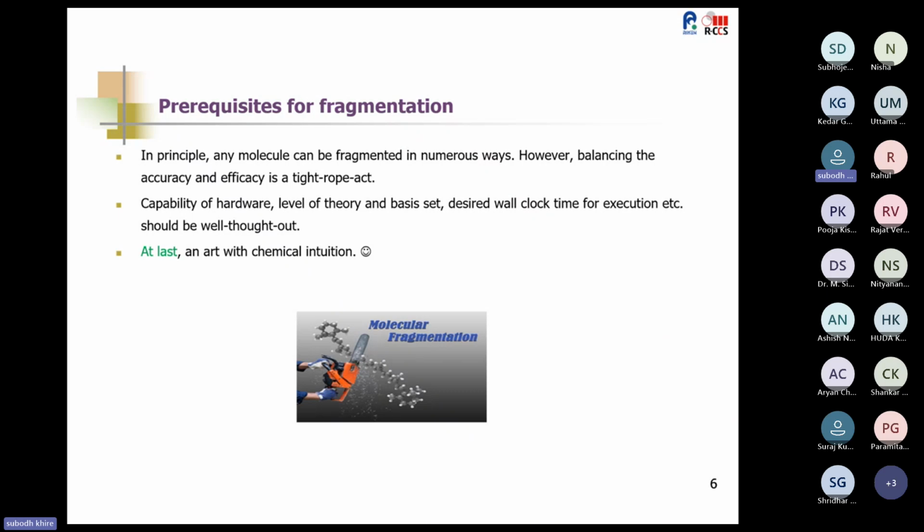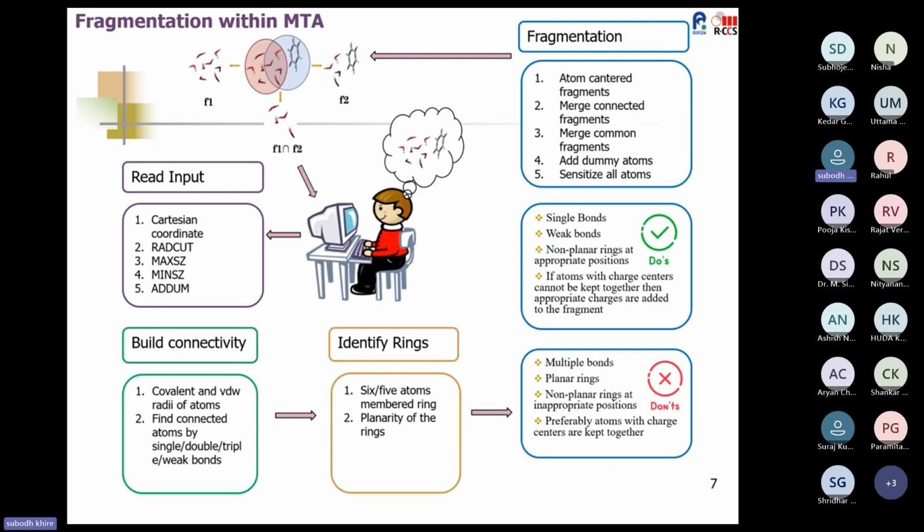And with this background, once you know the hardware capacity, your level of theory, the basis set, your anticipated time for this calculation, and the disk you have in your hand, considering all this, you can fragment the molecule. And once you decide, this fragmentation is nothing but art with chemical intuition. So these are the only prerequisites for the fragmentation if you want to do it by yourself.